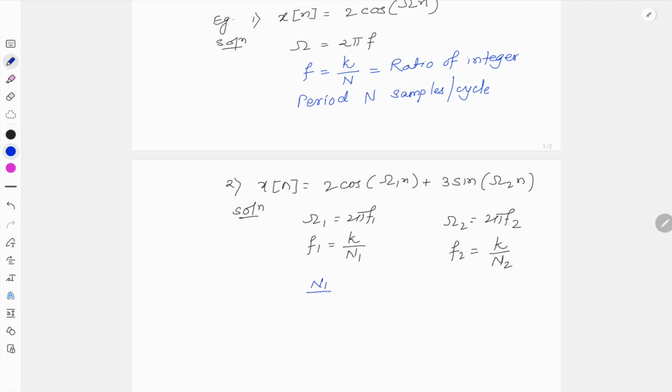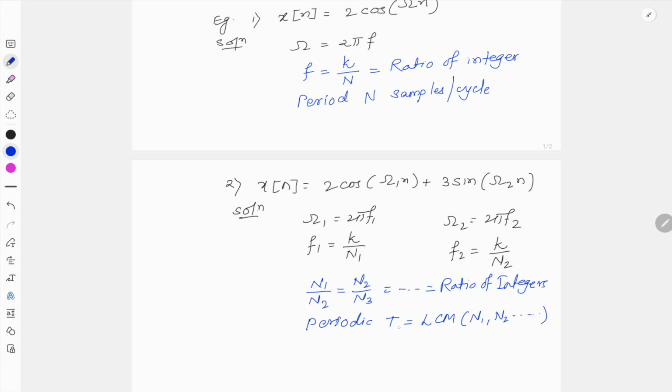Now if n1 by n2 is a ratio of integers, or if there are more terms, n2 by n3 and so on, and these ratios are ratios of integers, then we say that this signal is periodic, and this period will be equal to the LCM of n1, n2 and so on.